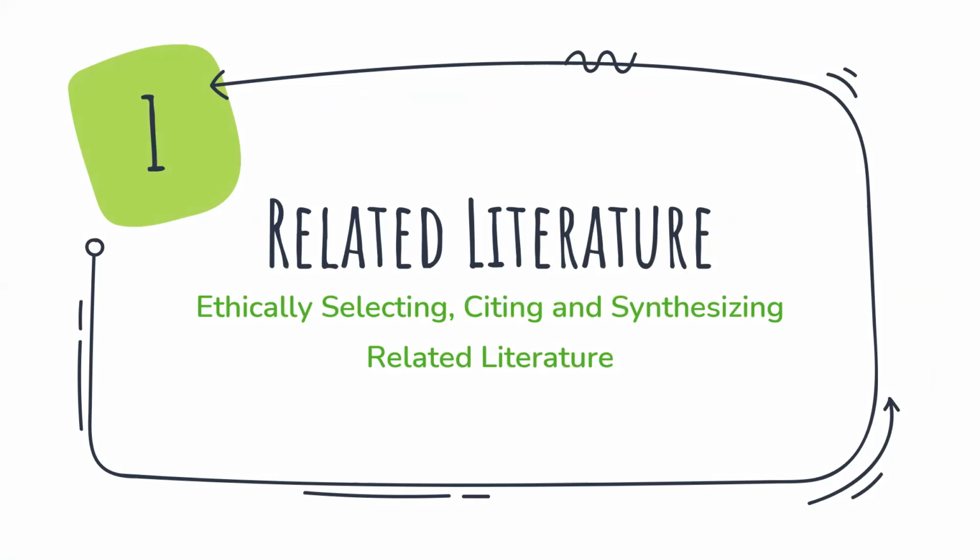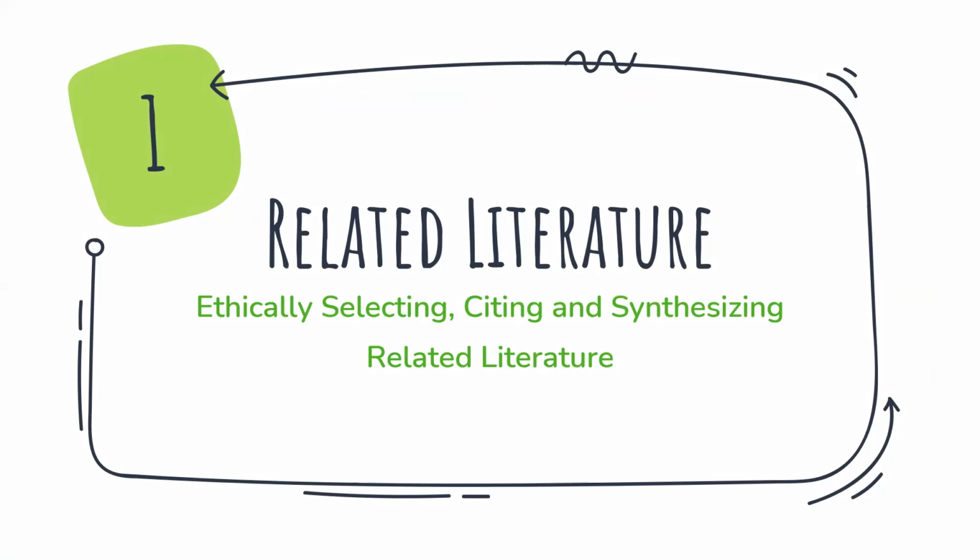Review of related literature, technically, this means ethically selecting, citing, and synthesizing related literature. Meaning, in this portion, we're going to understand and have skills in doing our chapter 2 with four ways of doing it.